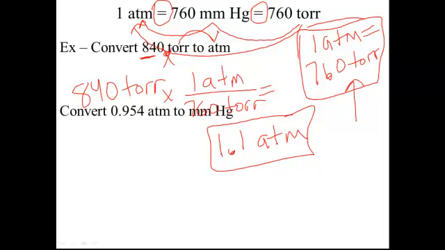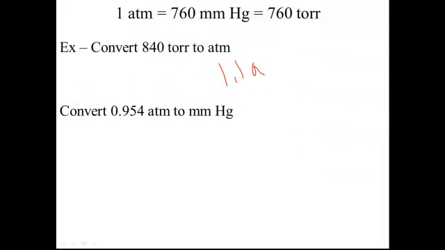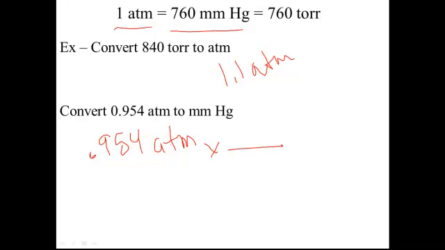Here's another example. The first one was 1.1 atmosphere. Here we're going to convert atmospheres to millimeters of mercury. So here's our conversion factor. We've got 0.954 atm. Now we know our conversion is 1 atmosphere equals 760 millimeters of mercury.